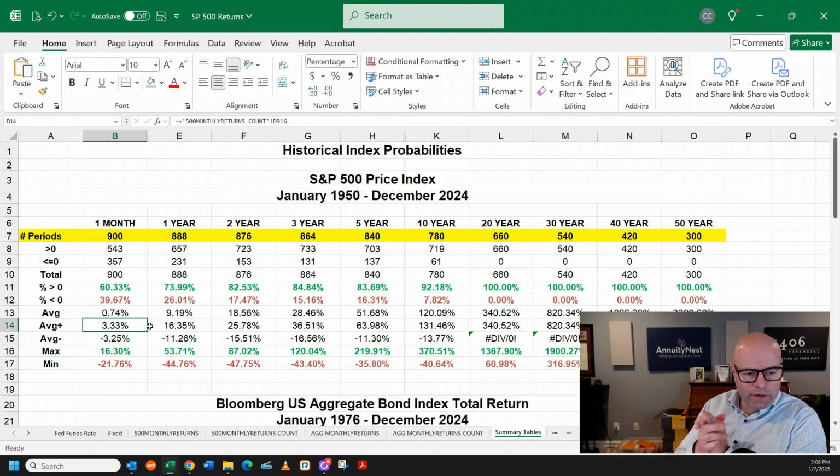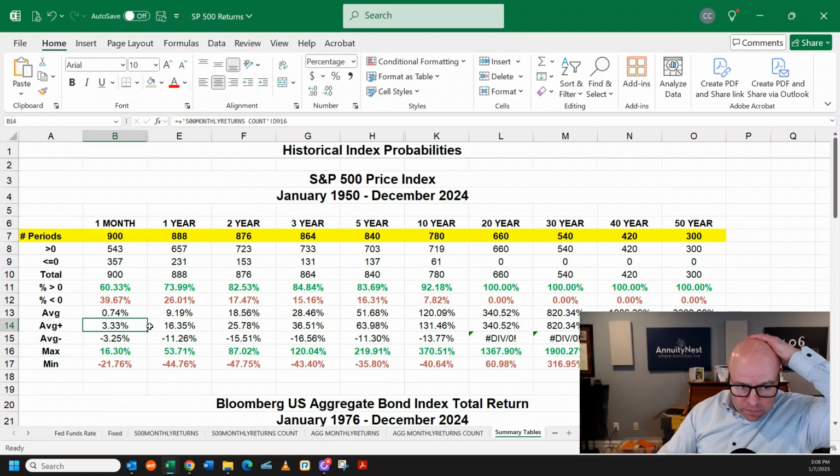So let me just clarify that there. The average return per month is 0.74. However, when it's positive, right, so when the returns are greater than zero, it's average 3.33. Wasn't expecting to see that. And in the months when it's negative, 3.25. So when it's good, it's good, and when it's bad, it's bad.